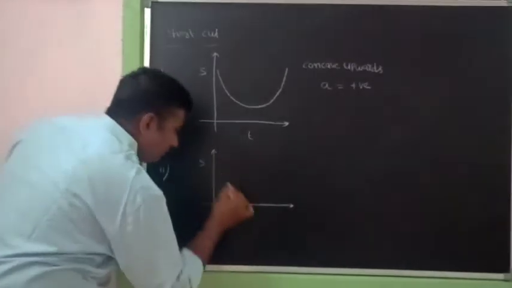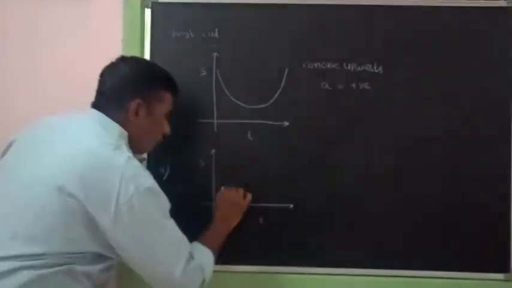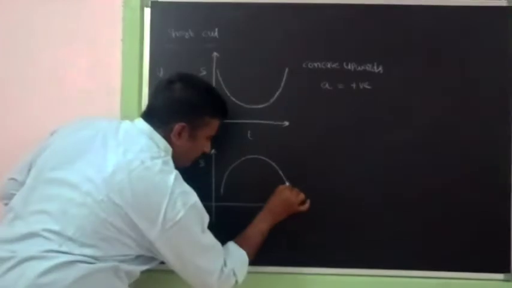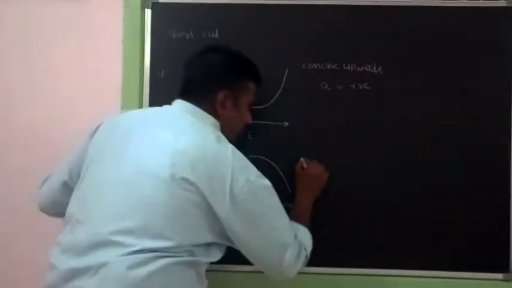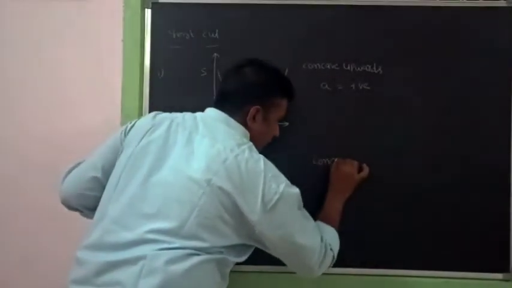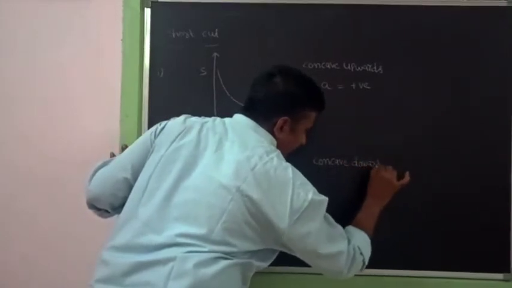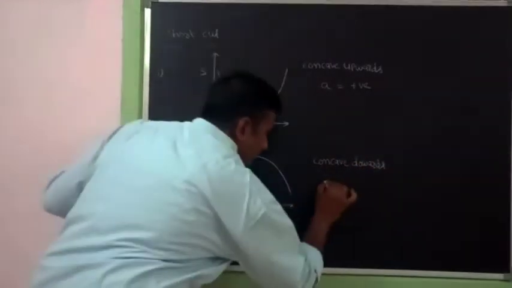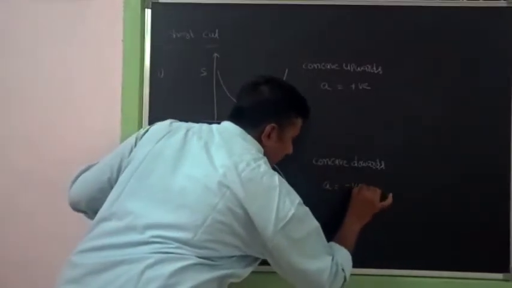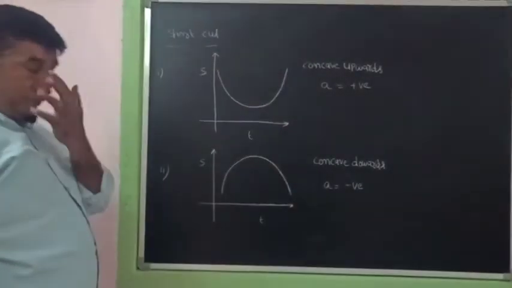The second case is the displacement-time graph obtained like this, concave downwards. In concave downwards, acceleration is negative.